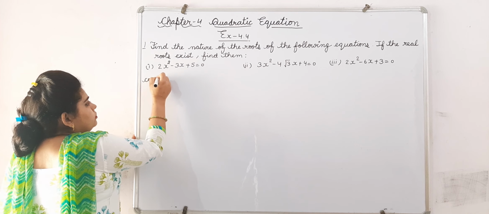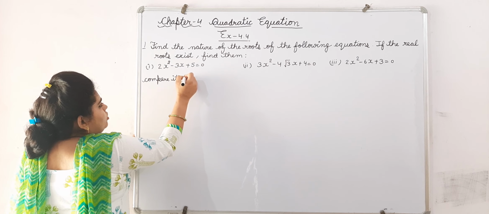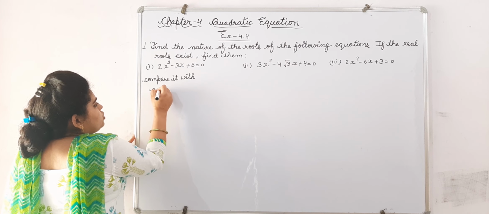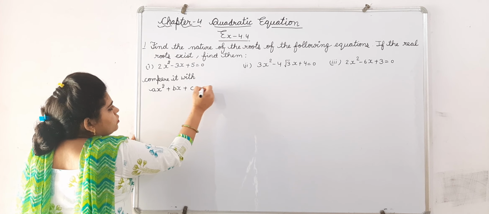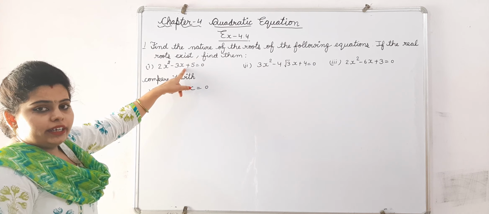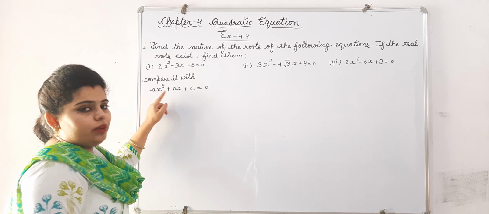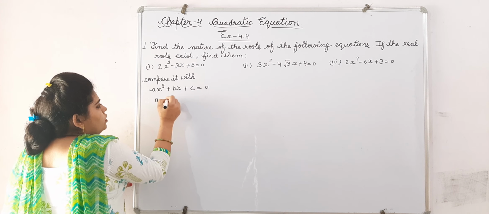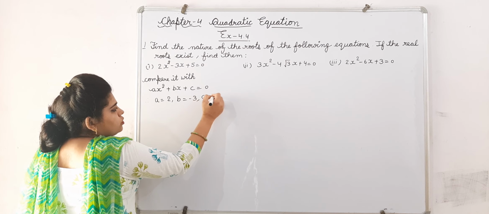We will compare this given quadratic equation with the standard equation ax square plus bx plus c is equal to 0, so that we can find the values of a, b and c. From here, a is equal to 2, b is equal to minus 3, c is equal to 5.